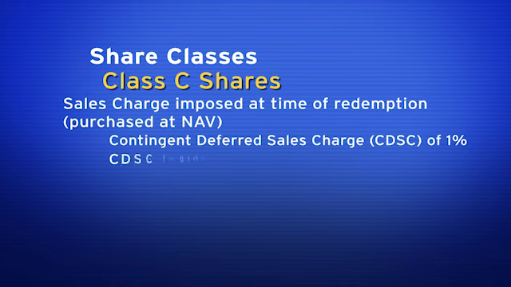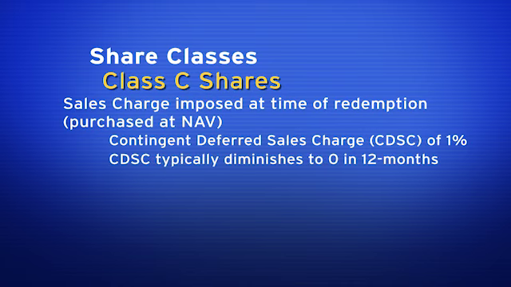Now, the CDSC here is typically 1% that diminishes to 0 in 12 months. So these are suitable for short-term investing. Never put a client in C shares who is looking to invest for the long term.